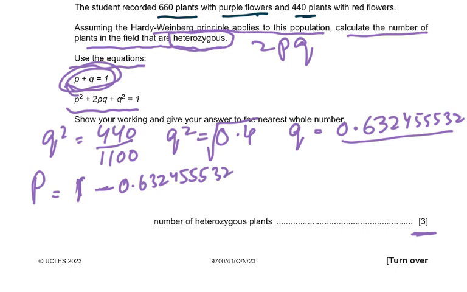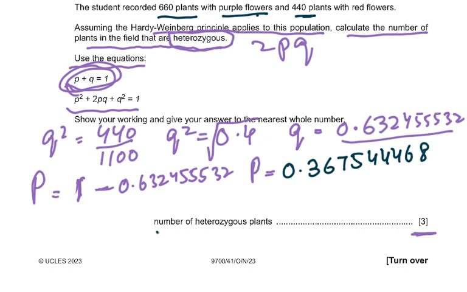Wow, that's a lot of maths. So p is equal to 0.367544468. I'm sure you all have your calculators and you can figure this out.